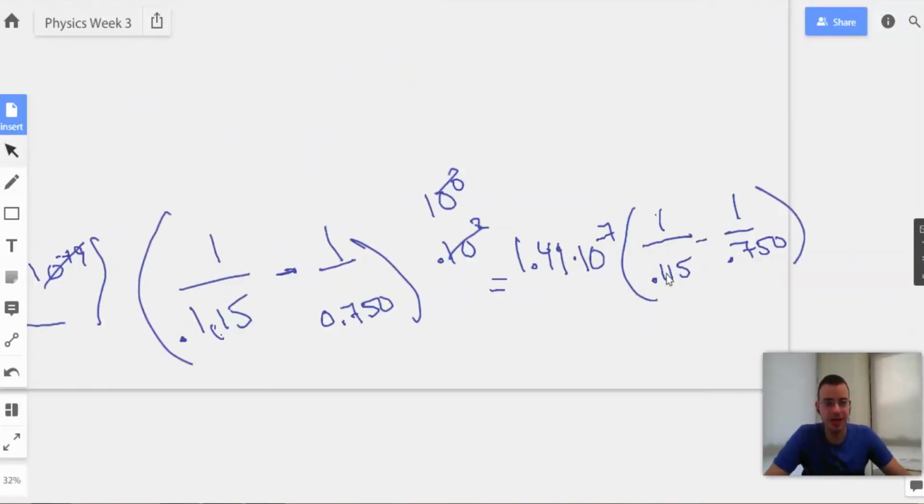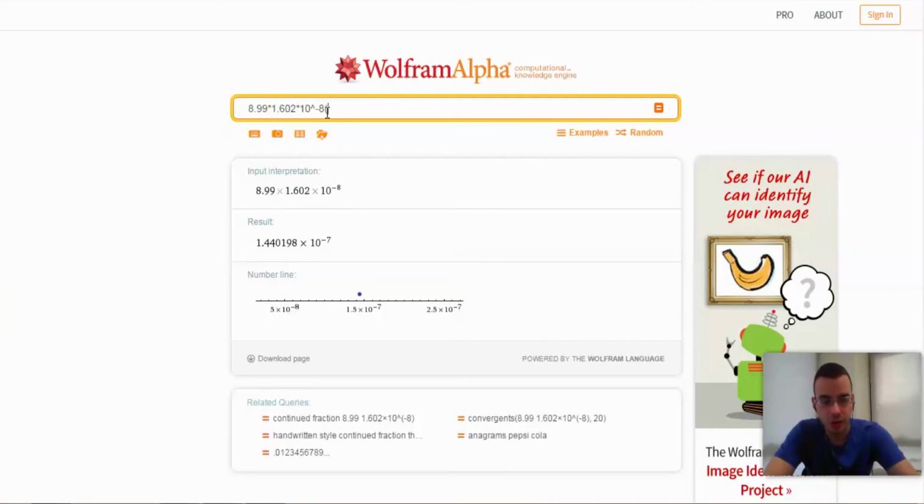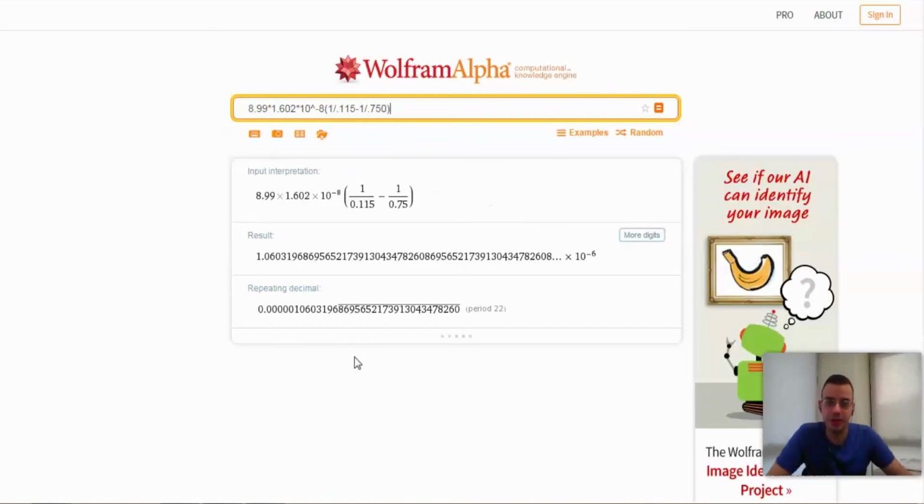So I am going to calculate this real quick. 1 divided by 0.115 minus 1 divided by 0.750. Don't really need that extra 0, but I'm going to put it anyway.